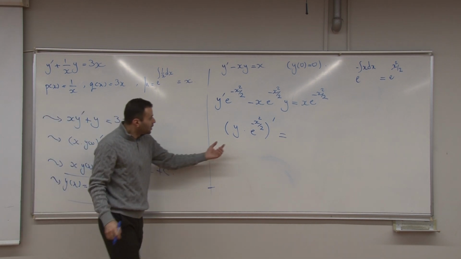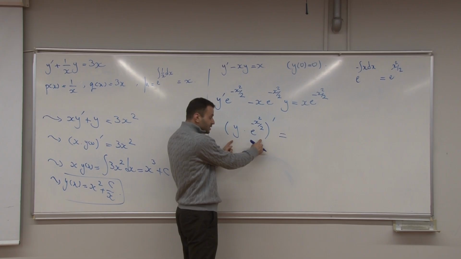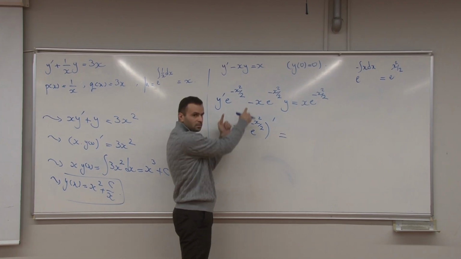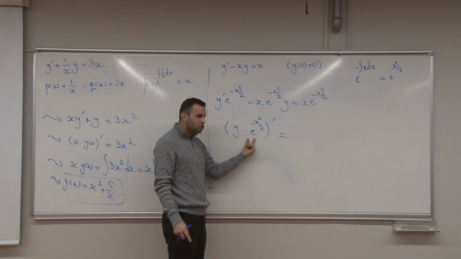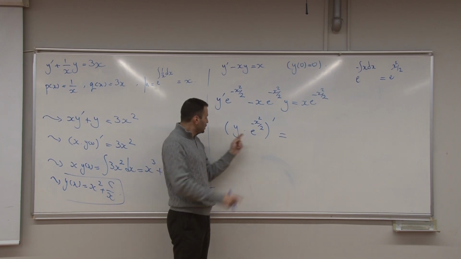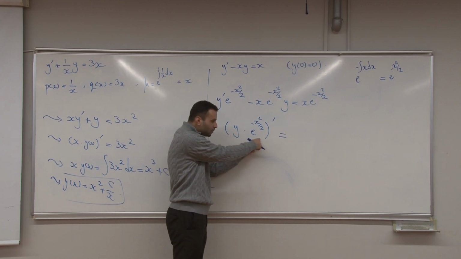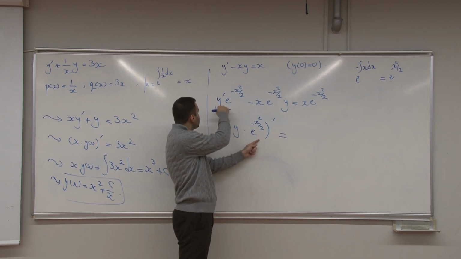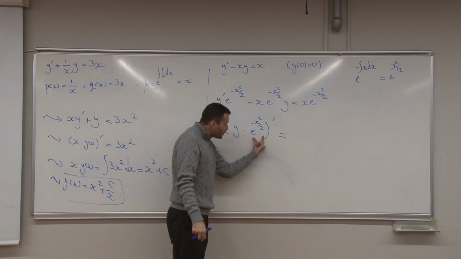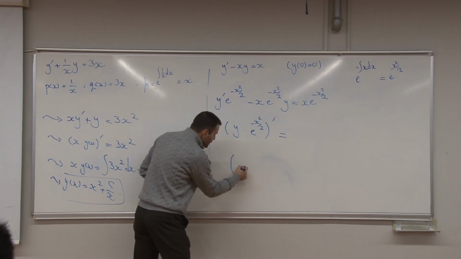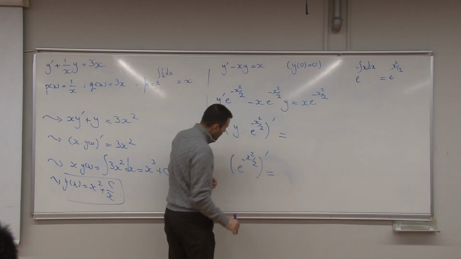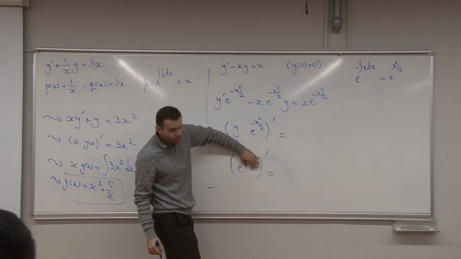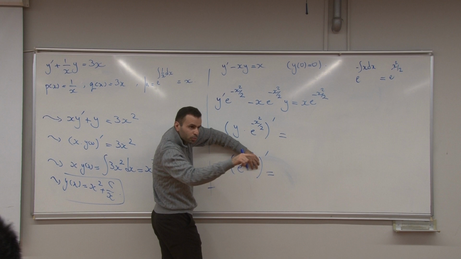Yeah. Okay, now look at this. What is this derivative? Let's double check it. If you calculate the derivative of a multiplication of two functions, what is it going to be? Derivative of the first one multiplied by the second one, plus derivative of the second one. What is the derivative of e to the power of minus x squared divided by 2? If this is u, it is going to be e to the power of u times u prime, right?